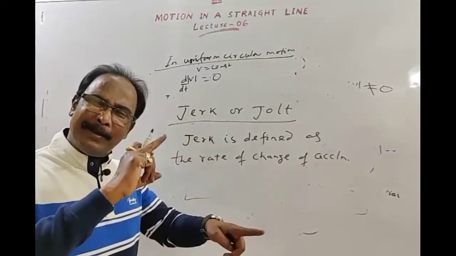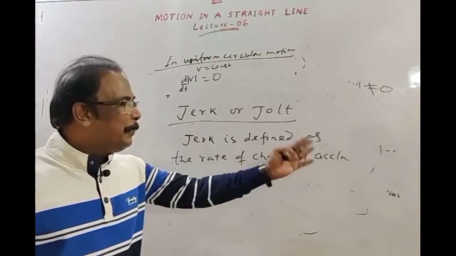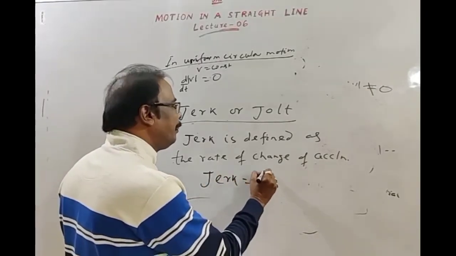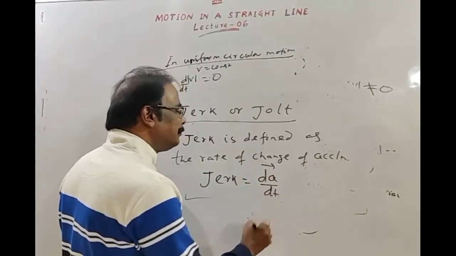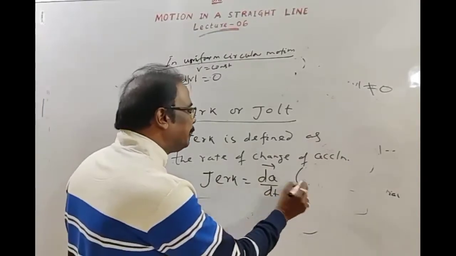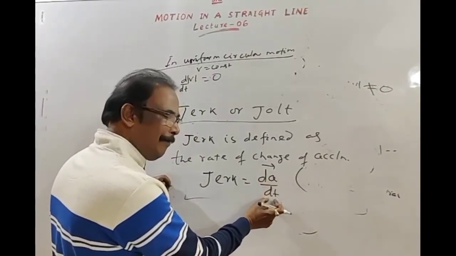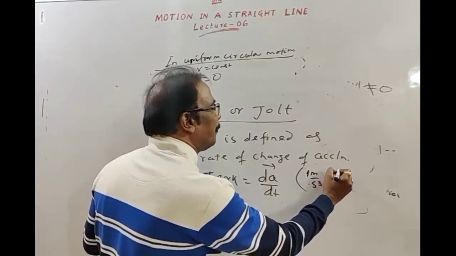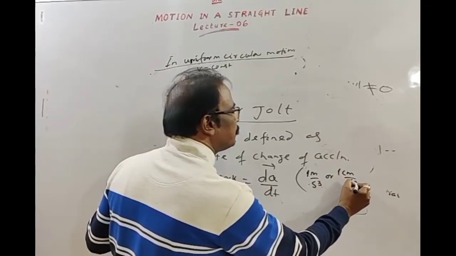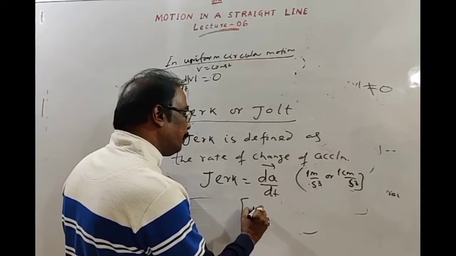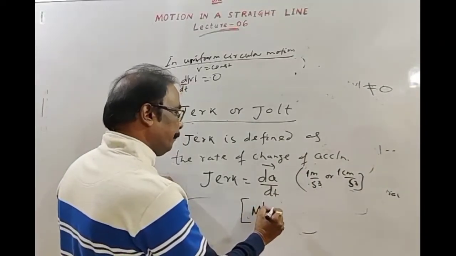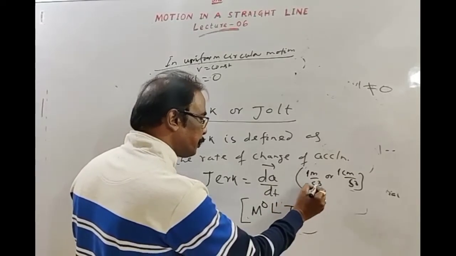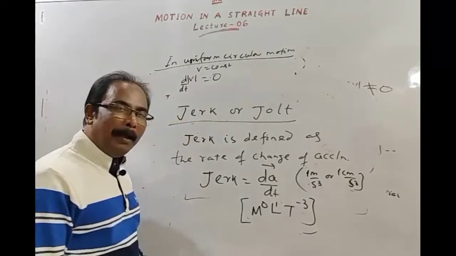When acceleration changes with respect to time, then we say jerk is produced. So jerk is defined as rate of change of acceleration, da by dt. Its units are meter per second cube or centimeter per second cube, and the dimensional formula is M to the power 0, L to the power 1, T to the power minus 3.